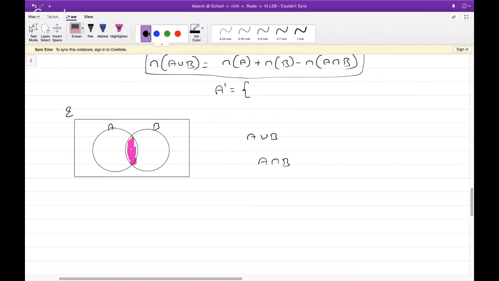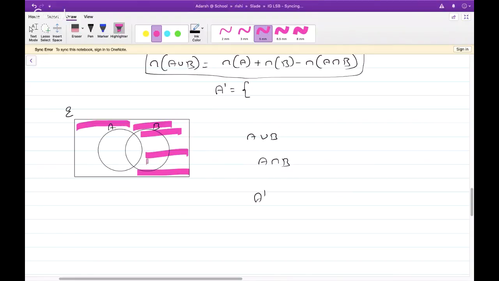Then, if the question is to shade A complement, A complement is everything outside A. So A complement is everything outside, apart from A. So A complement will be all this region outside A. Hope this is clear.